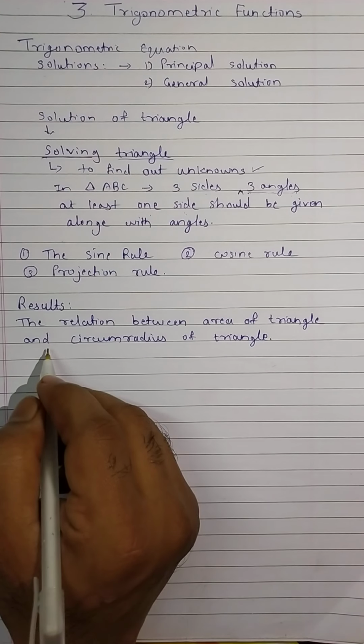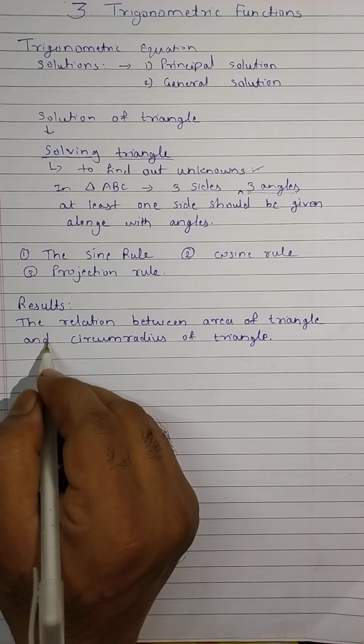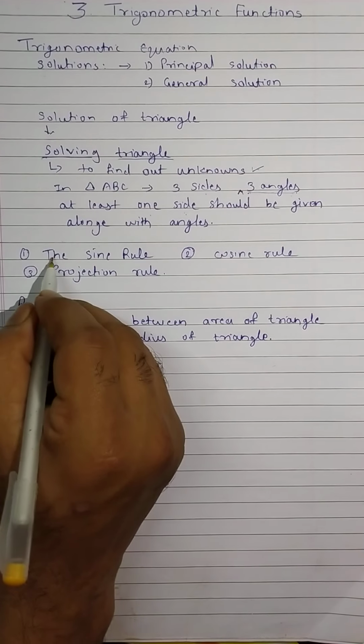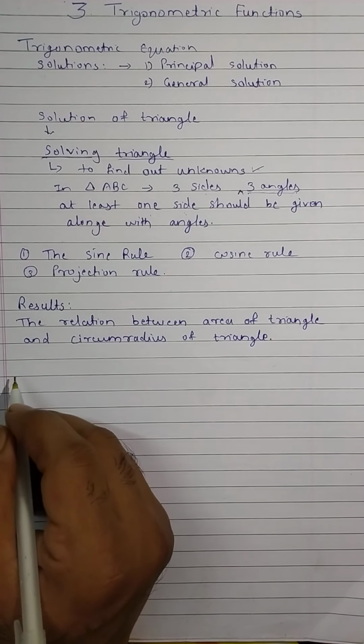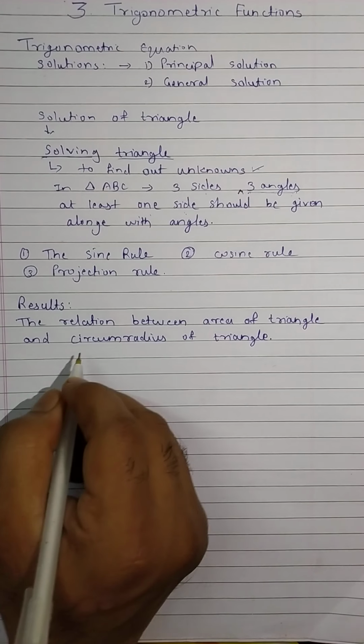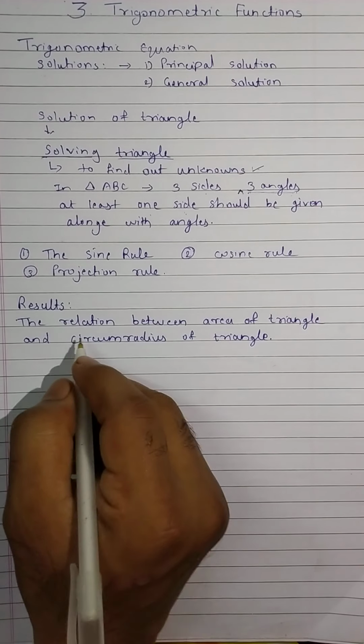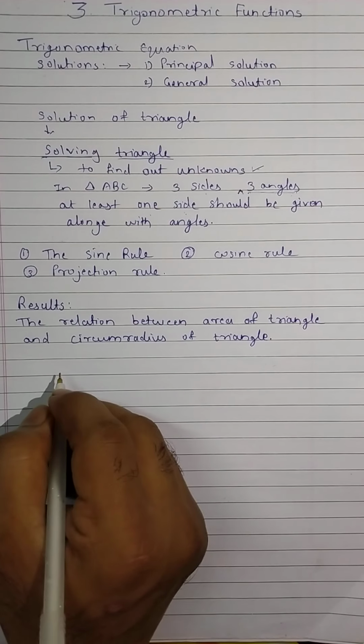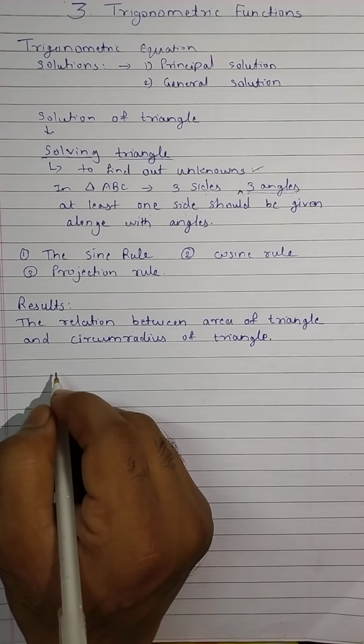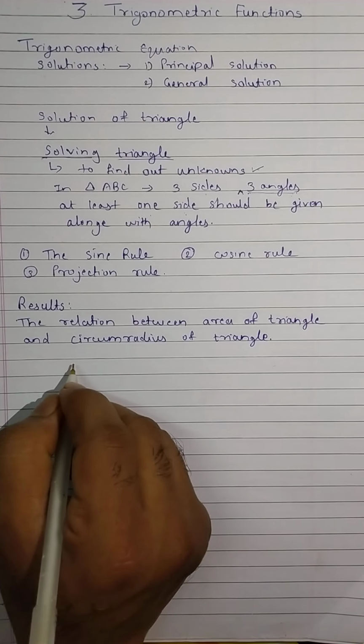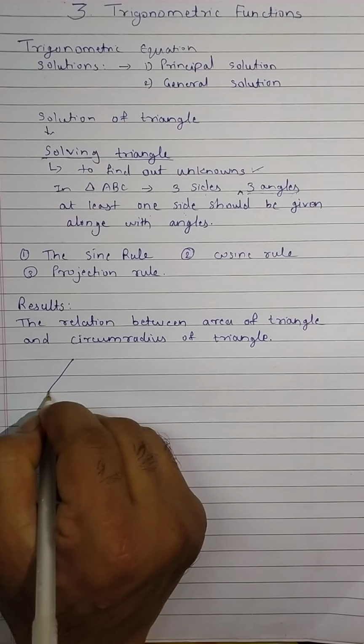So this result we need to use in the sine rule. Now, what is circumradius? We have done this at the school level, but we will just recall this. We know the circumcircle of the triangle.